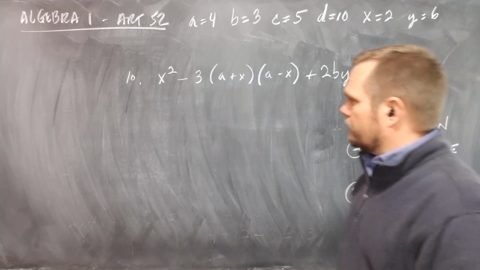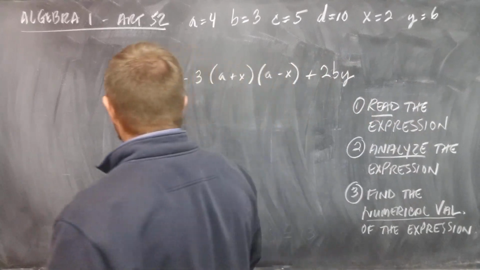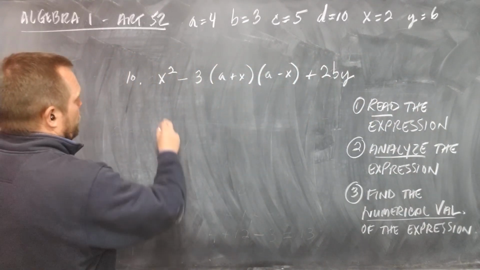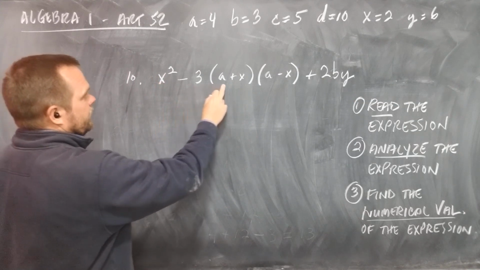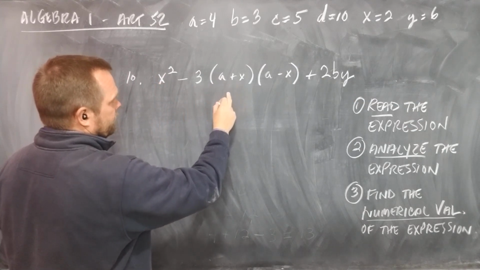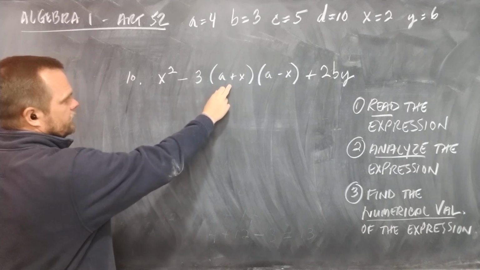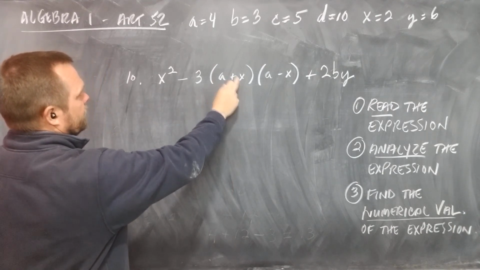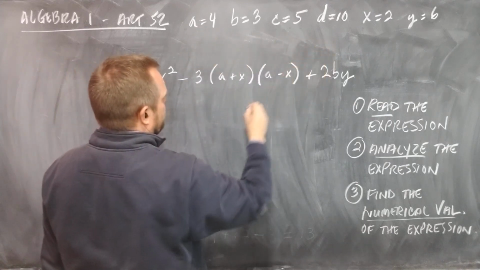So let's go ahead and find the numerical value of this expression. We have x squared minus 3 times (a plus x) in parentheses. So let's find the value of this term in parentheses. a plus x, 4 plus 2.